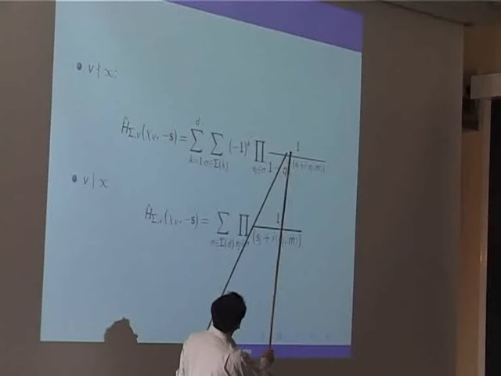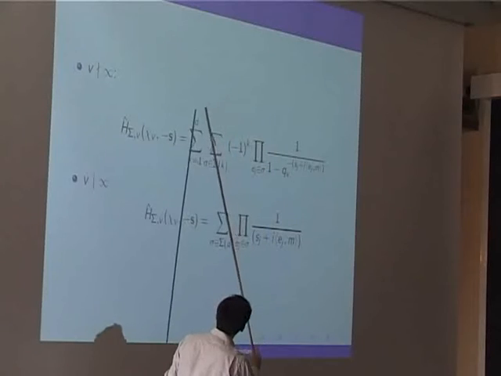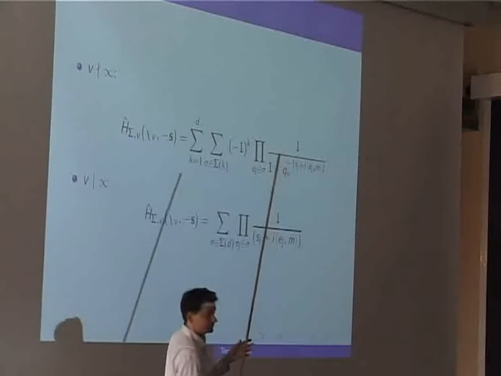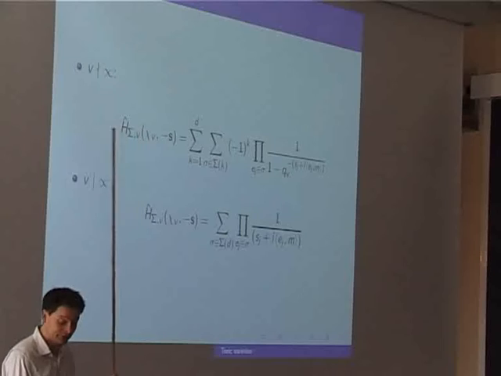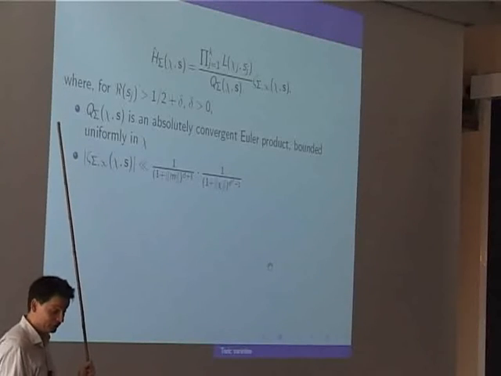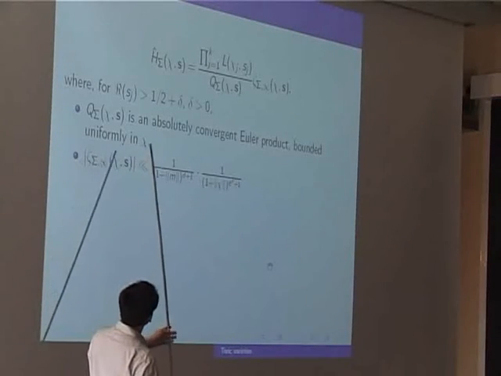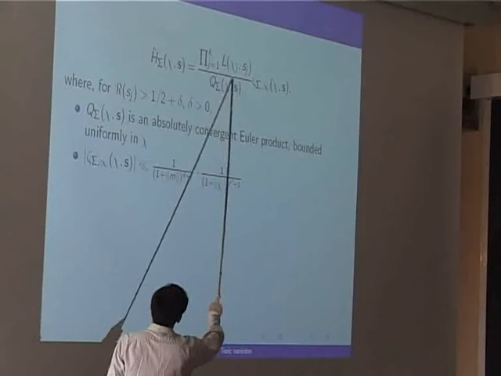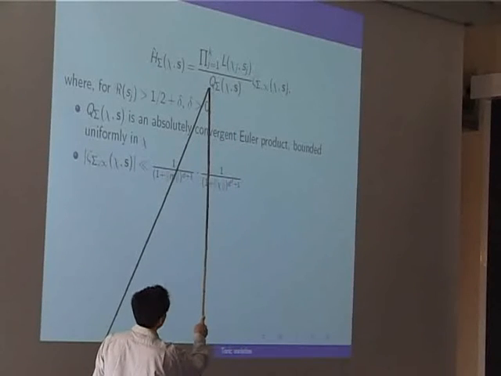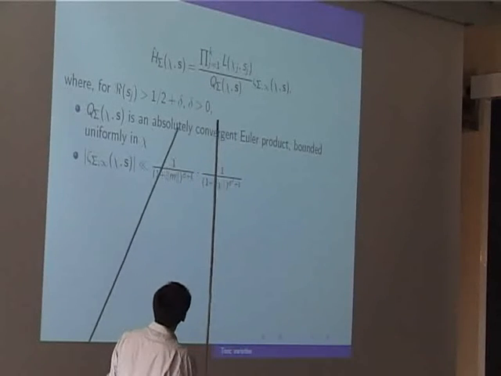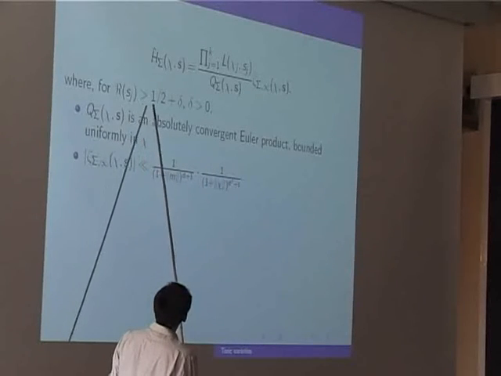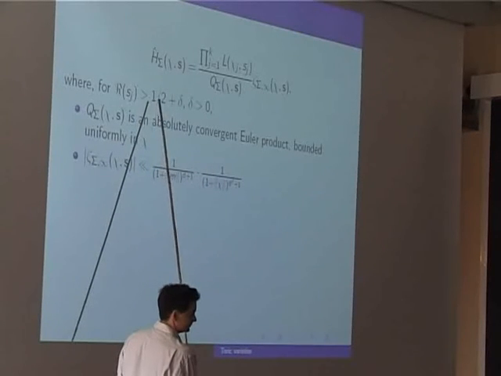And then you get something in the numerator, and there are some miracles happening, combinatorial miracles, and cancellations lead to the fact that whatever is left in the numerator and denominator is in fact an absolutely convergent product in the domain we're interested in, that is the neighborhood of 1.